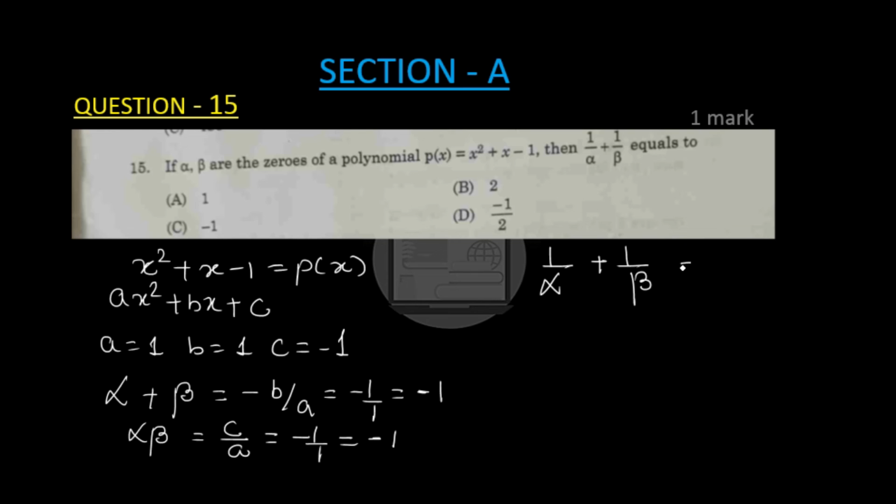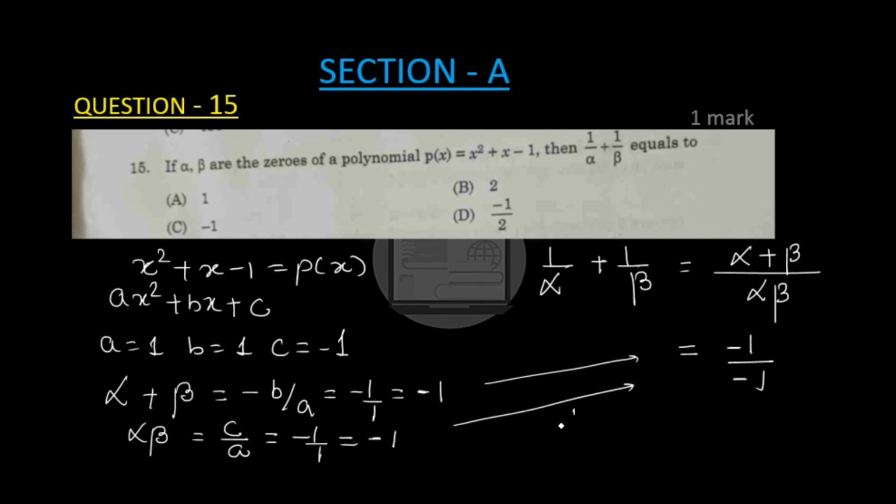I can write this by making the common denominator alpha beta, and in the numerator I'll get alpha plus beta. Okay, what is alpha plus beta? Minus 1. What is alpha beta? Minus 1. We use the values from here, and so we get 1 by alpha plus 1 by beta is equal to minus 1 over minus 1, which fetches you a 1. Okay, and so our answer is choice A.